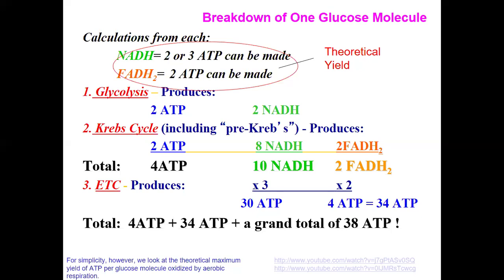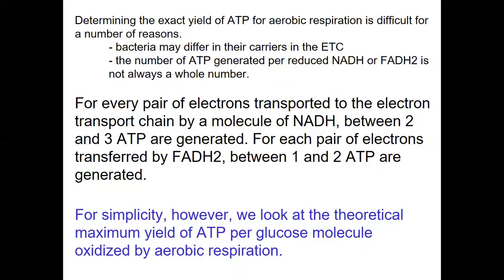So all these yields are theoretical in nature. But in the real sense, we can actually have the production of this ATP that will be utilized in the body. For every pair of electrons transported to the electron transport chain by a molecule of NADH, between 2 and 3 ATP are generated.